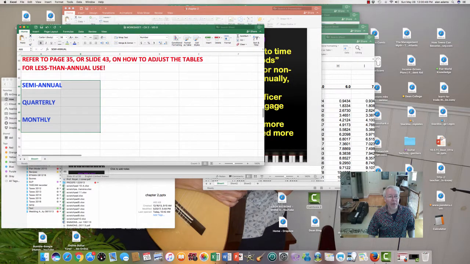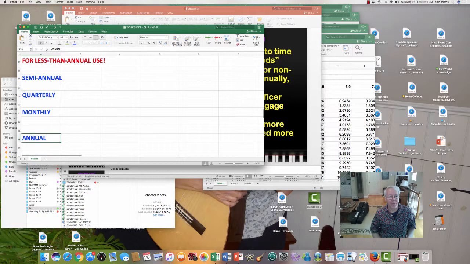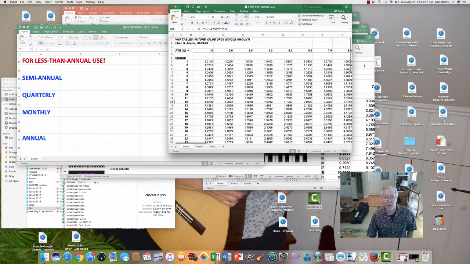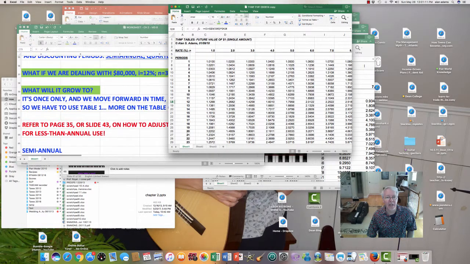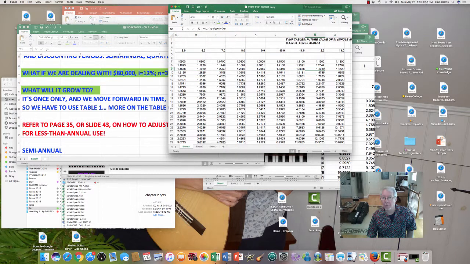Now what I'd like to start by doing is saying annually, what would that be? Well, annual is very, very easy, ladies and gentlemen. We know if we go to our table for future value of one amount, 12% for 3 years will be 1.4049.